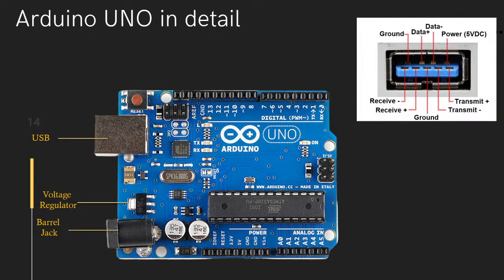Sometimes power fluctuations happen, and more than 5 volts can be given as output from the computer or some other power supplying device. So what the Arduino company did is set up a voltage regulator, so it can regulate the voltage up to 9 volts. You can give the power supply to the Arduino up to 9 volts, but it only takes 5 volts.